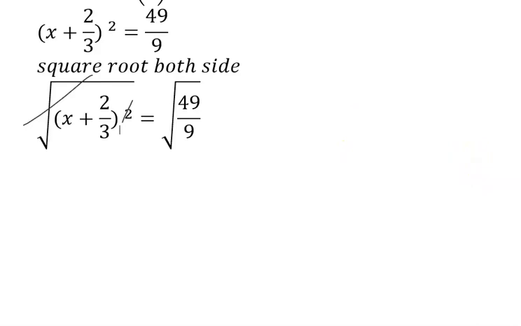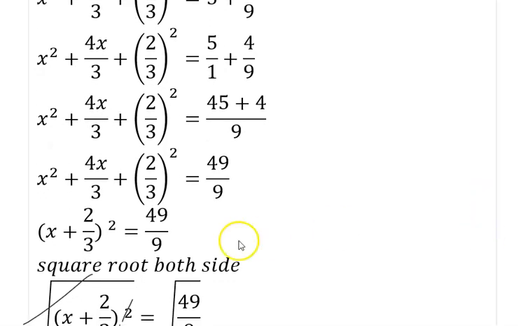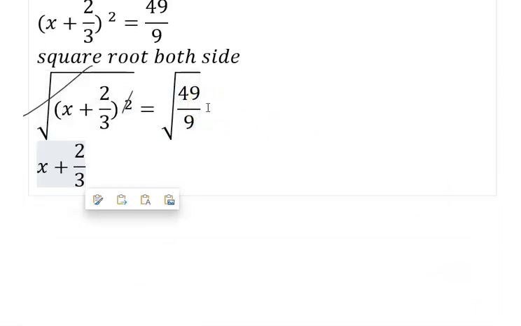X plus 2/3 equal square root of 49. If you get square root of 49, it will give you what? 7, because 7 times 7 will give you 49. Square root of 9 is what? 3, because 3 times 3 will give you 9.